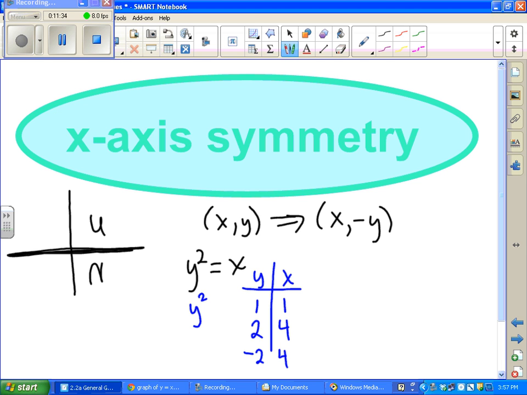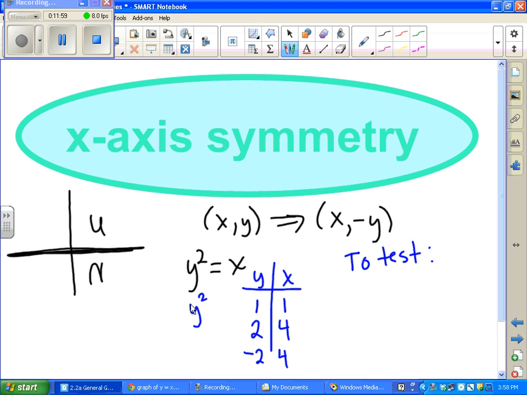So before we figure out what the graph looks like, let's first test to see if y squared equals x has x-axis symmetry. So in order to test this, we're going to follow the same rules as we did for y-axis symmetry, where you're going to plug in what's changed into the original and figure out if it matches the original equation after you simplify.